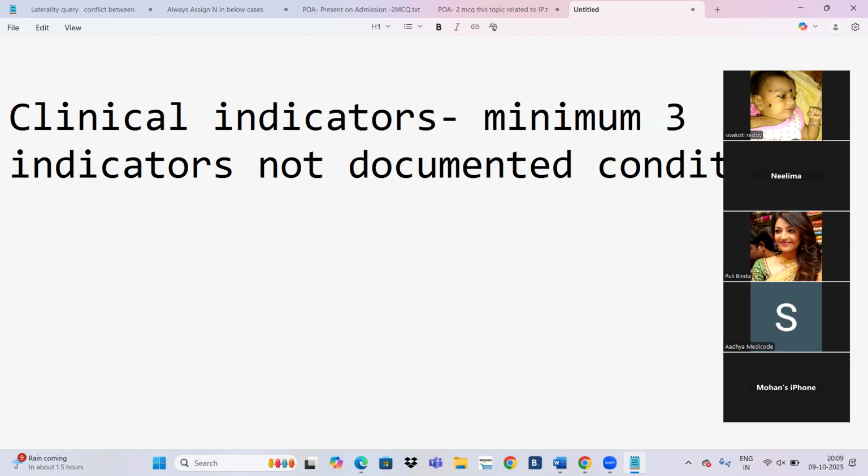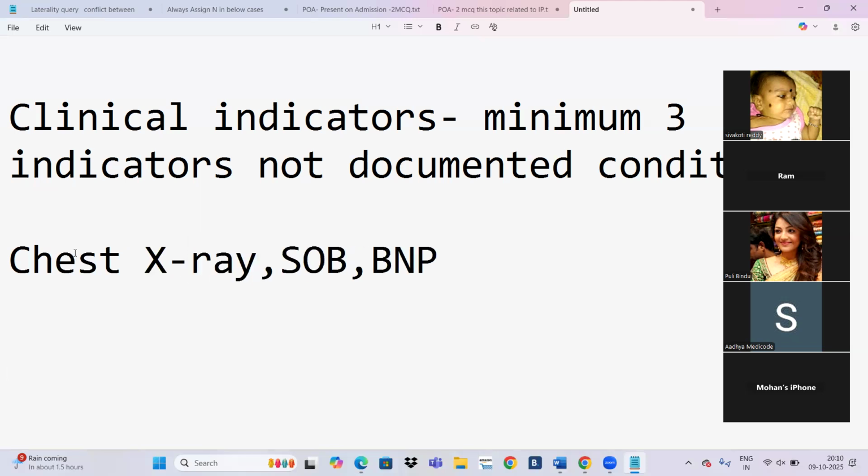So, how do we need to raise the query? We can discuss related to clinical indicators. Suppose they gave 3 indicators. These are the indicators supporting CHF, correct?